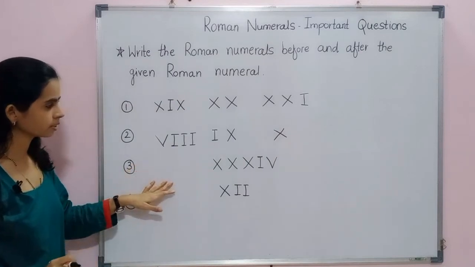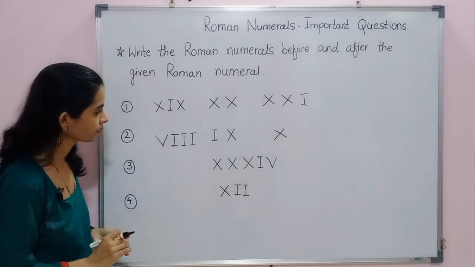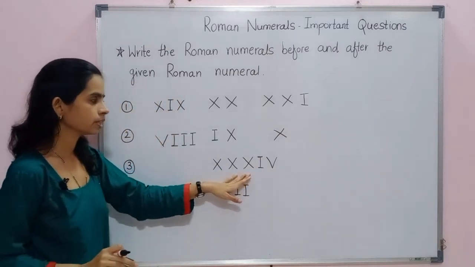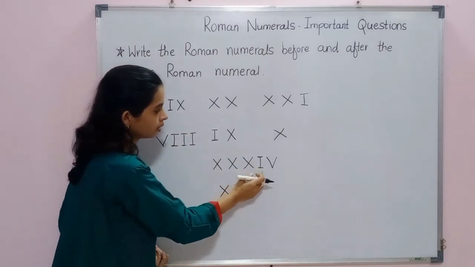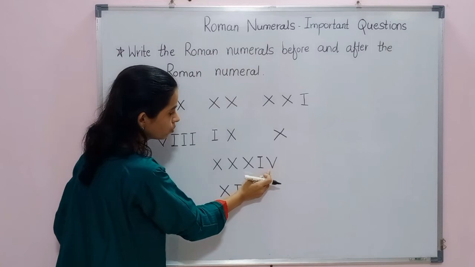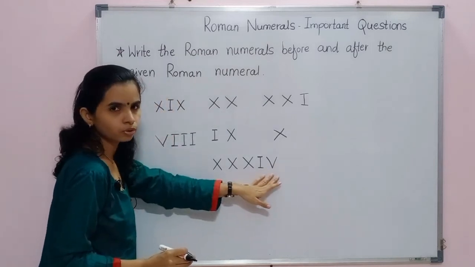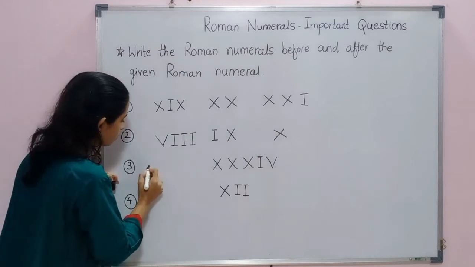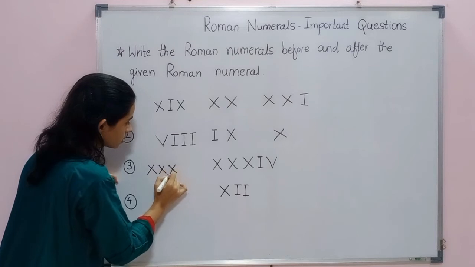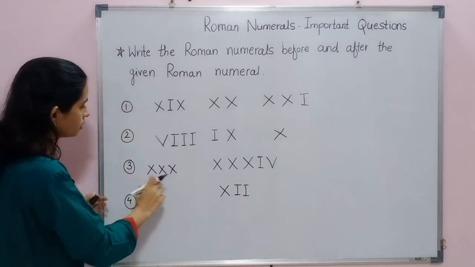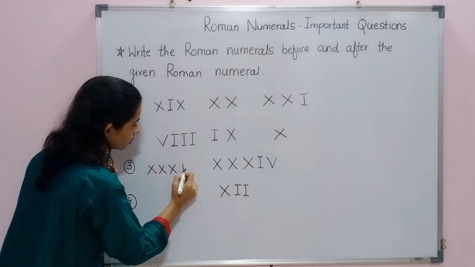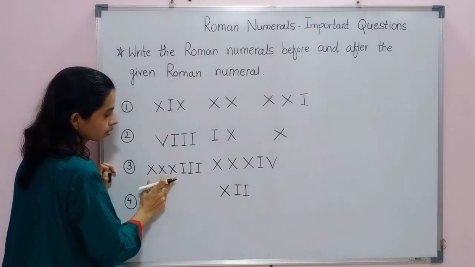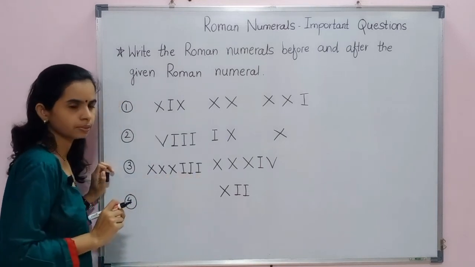Then in the next example, the symbol given is XXXIV. Here 3 times X means 30 and one number less than 5 means 4. So this is 34. The predecessor of 34 is 33, means XXX, this 3 times X remains as it is, and here we will put 3 times I. XXX is 30 and this is 3, so 33.